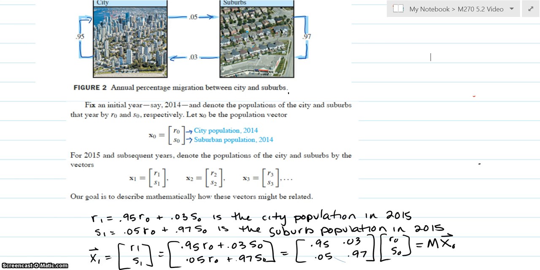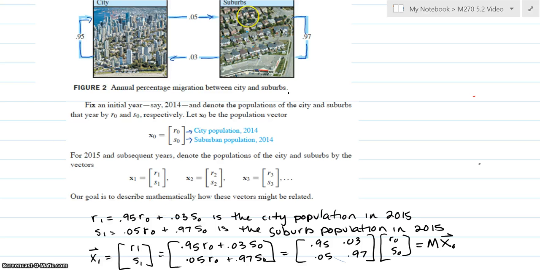So I'm going to find x1. How did I find x1? Well, I looked at the city, so let R1 be the city's population in 2015, the next year. We know that 95% of the people from the city stay in the city, while 3% from the suburbs come over. So this is 3% of the suburbs plus 95% of the people who stay. I'm going to do the same thing for the suburbs.